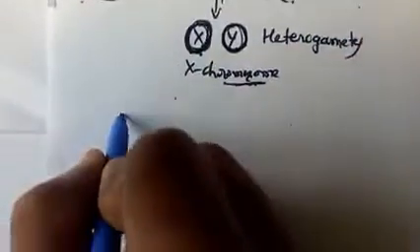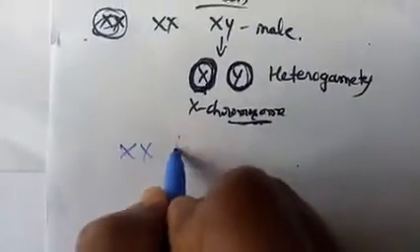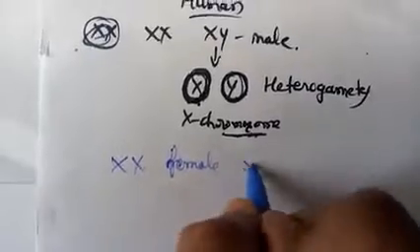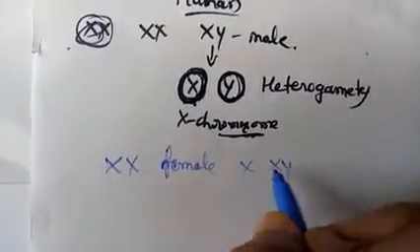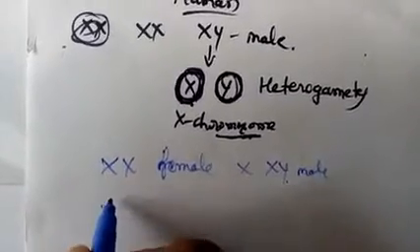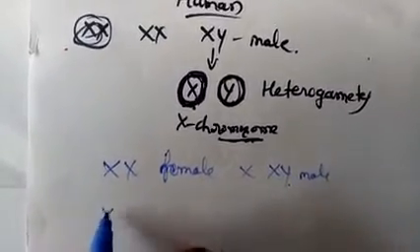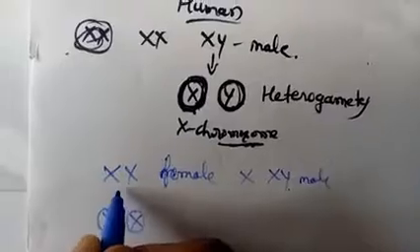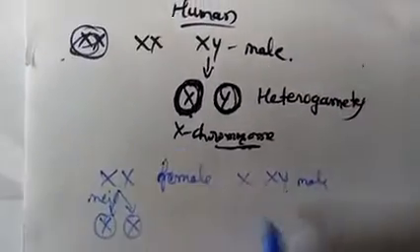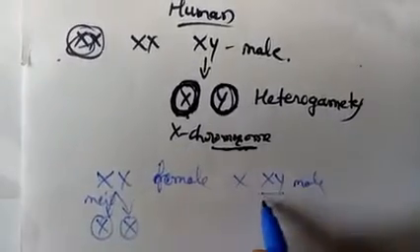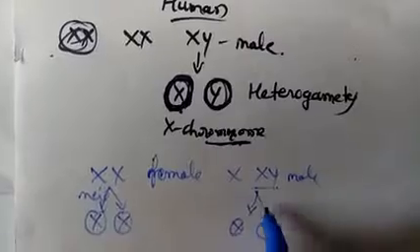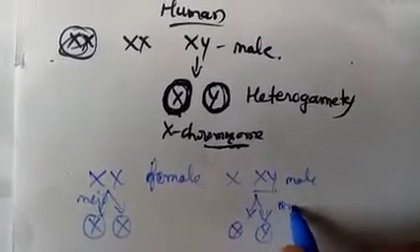The XX female produces the same type of gametes after meiosis, whereas the XY male produces X and Y as the gametes after the meiosis.